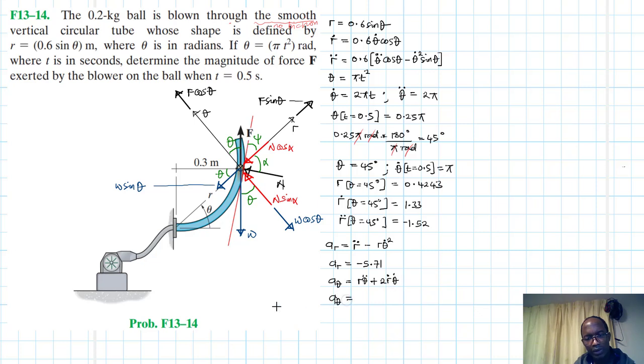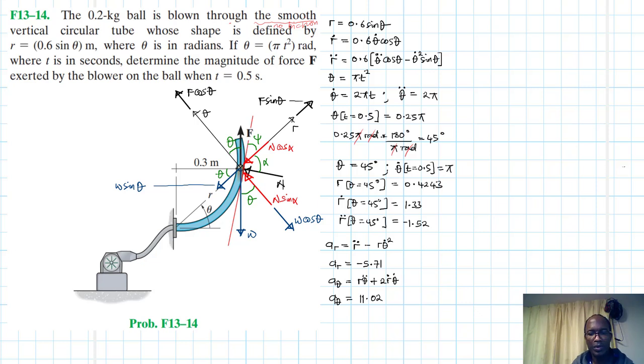Therefore, if we were to work out this, our r is 0.4243 times theta double dot, which is 2 by 2 pi, plus 2 r dot, which is 1.33, times theta dot, which is pi. Okay, so what do we get? We get 11.02.